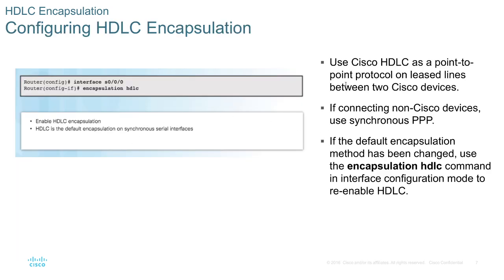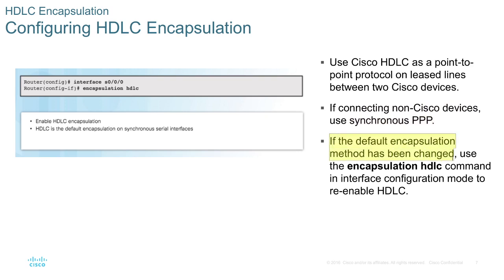So when we think about configuring HDLC in a Cisco device, we will go into the interface, we'll go into configuring a particular interface, and there we can establish the particular encapsulation standard. So then what will happen is, if that particular interface is connecting to another Cisco device, then it will use the Cisco HDLC, and if we are connecting to other non-Cisco devices, it will use PPP there.